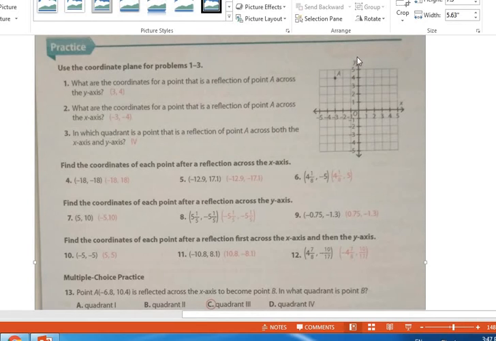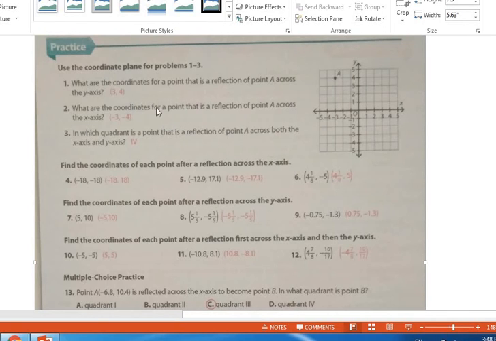It will reflect with the same distance, 1 2 3, 1 2 3. Here the reflection will be here, so it will be 3 and 4 with positive signs. It was -3 and 4, then it reflected to be 3 and 4.